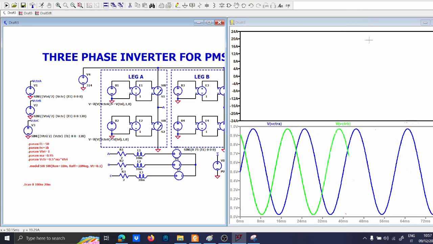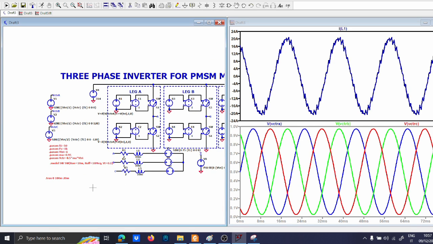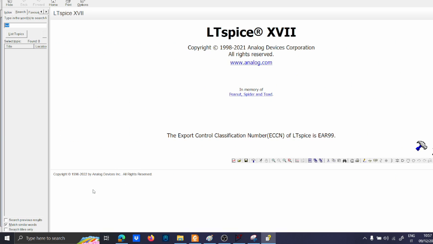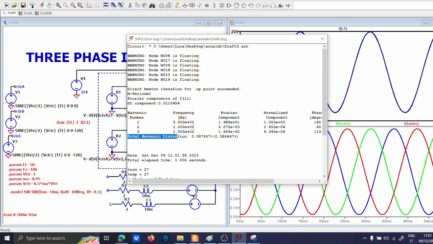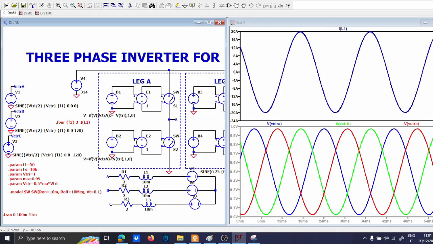If you press F1, you can open the guide, and if you search for it, it will give you an example of the syntax, an example of how to use the .four statement. You see the total harmonic distortion, which is nothing because you don't have ripple in this case. Okay, now it is correct.